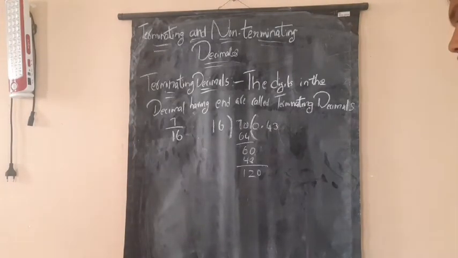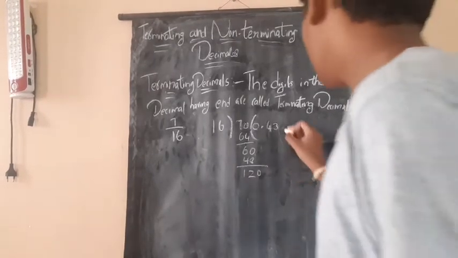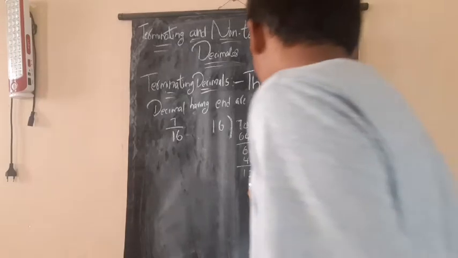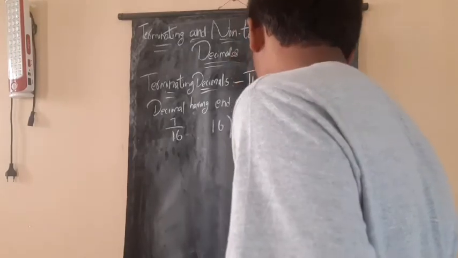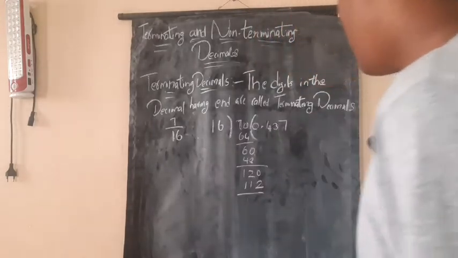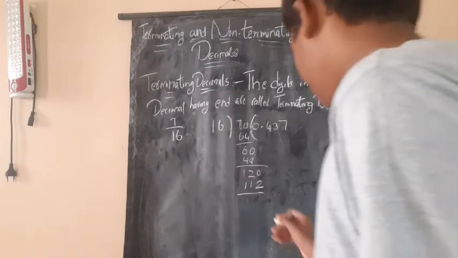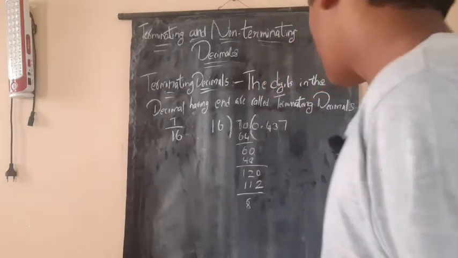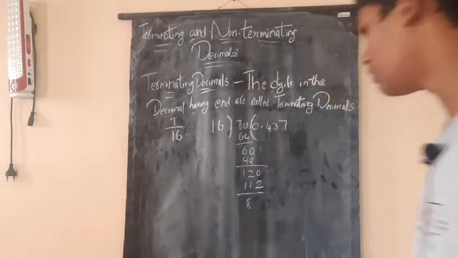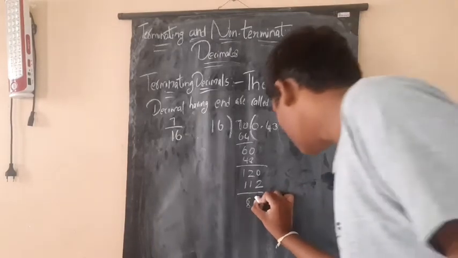Now what is the nearest multiple here? 7. No, 16 7s are 112. 120 minus 112 is 8. Keep 0 again.